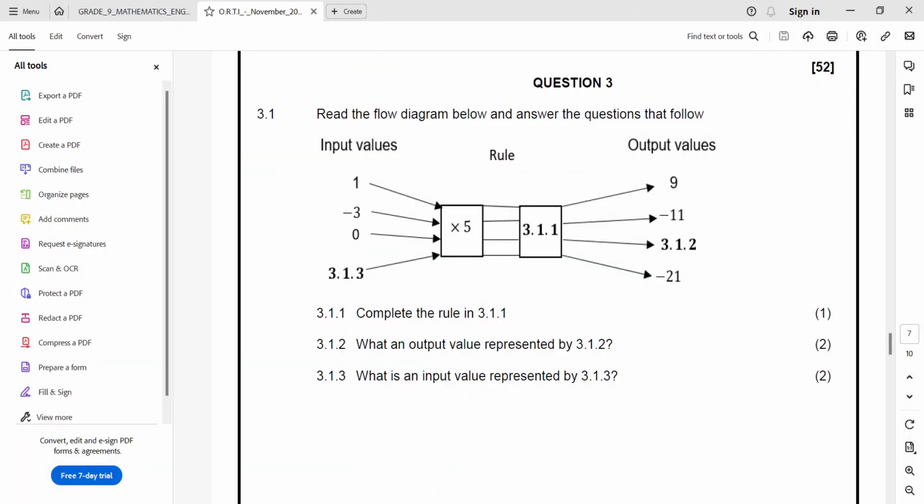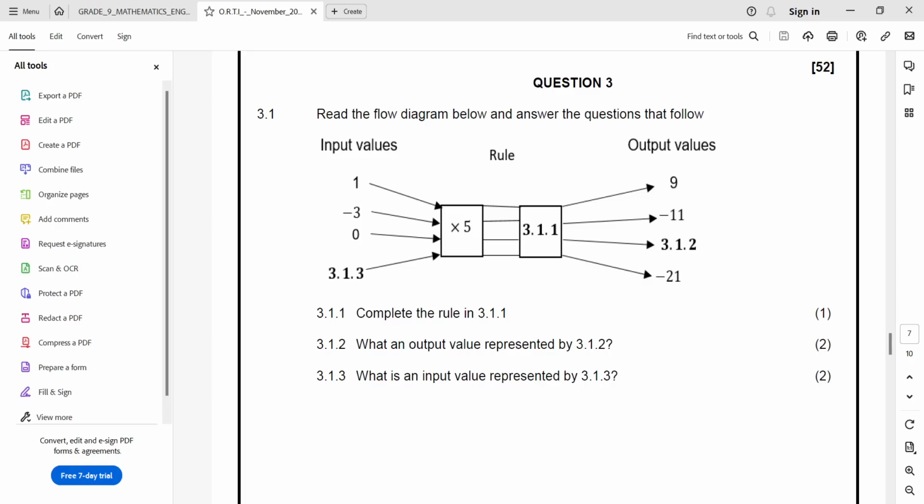The second one says, what is the output value represented by 3.1.2? It is worth 2 marks. Then when we input -3 multiplied by 5 plus 4, it gives us what? Oh, it's not -3. It's 0.